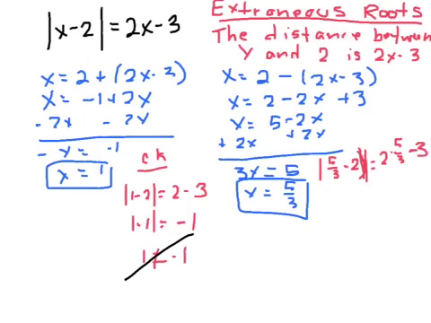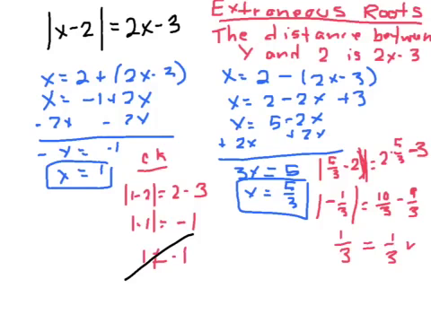So that will be the absolute value of 1 2/3 minus 2, which is going to be negative 1/3, equals 10/3 minus 3, which is 9/3. So this is going to be 1/3 equals 1/3, which is indeed true. So x equals 1 is not a solution, but x equals 5/3 is indeed a solution.